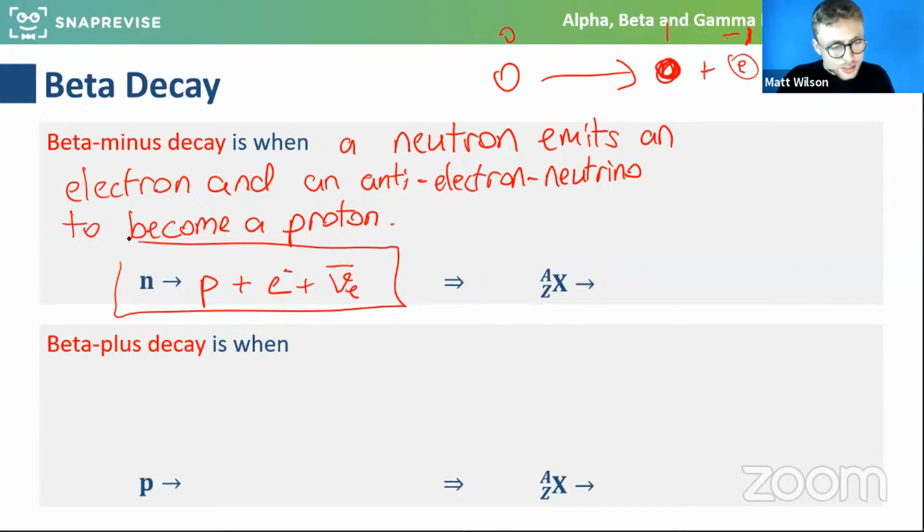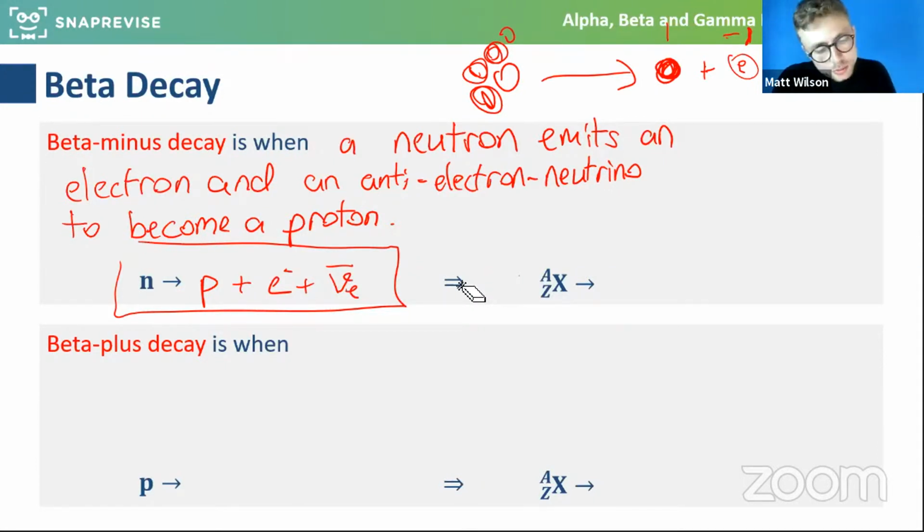So let's say this is just like the equation for an individual neutron inside a nucleus. Let's imagine that we're looking at the entire nucleus now that has one of these neutrons decay. Then we can describe this in terms of the symbols we were writing down before. So let's say I have an atom and it has a neutron, and that neutron becomes a proton.